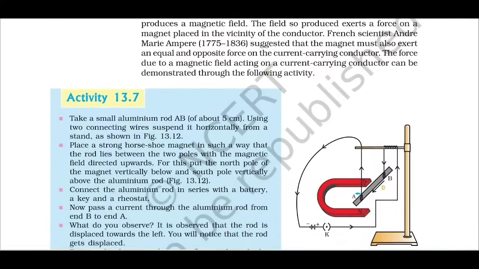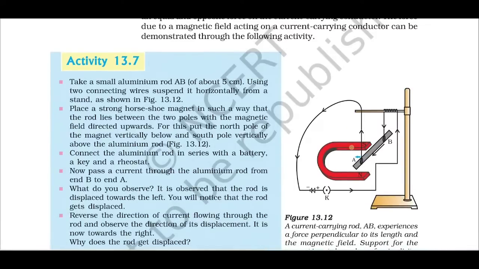If you place a current carrying conductor in a magnetic field, it experiences a force. Here in this experiment, a straight current carrying conductor AB is placed in a magnetic field.